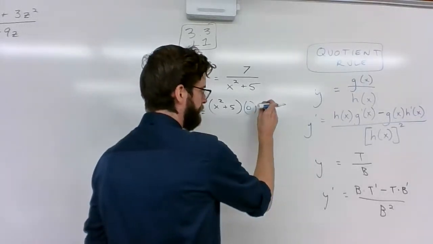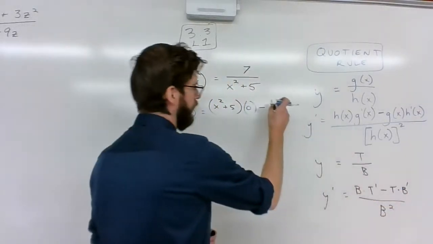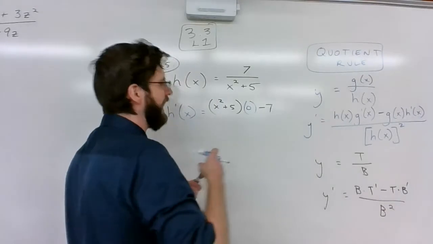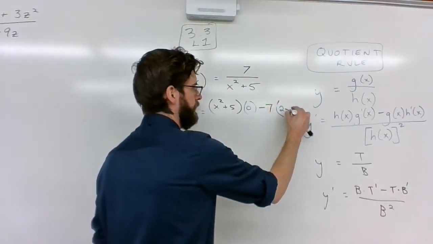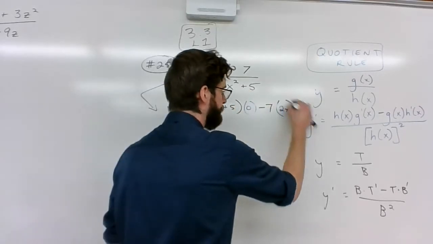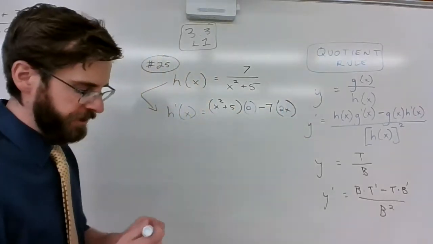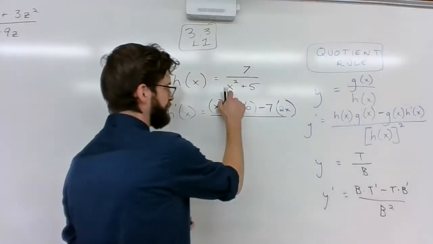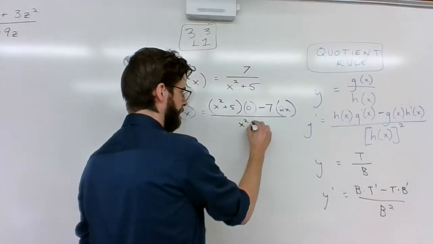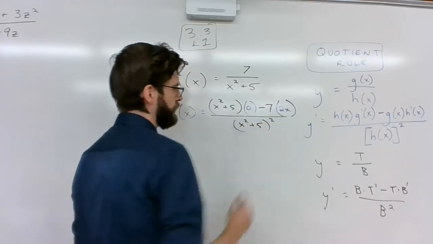Subtraction after that, the top unchanged times the derivative of the bottom, which is going to be 2x plus 0, so just 2x, and then you're going to divide that by the bottom squared, divided by x squared plus 5 squared.